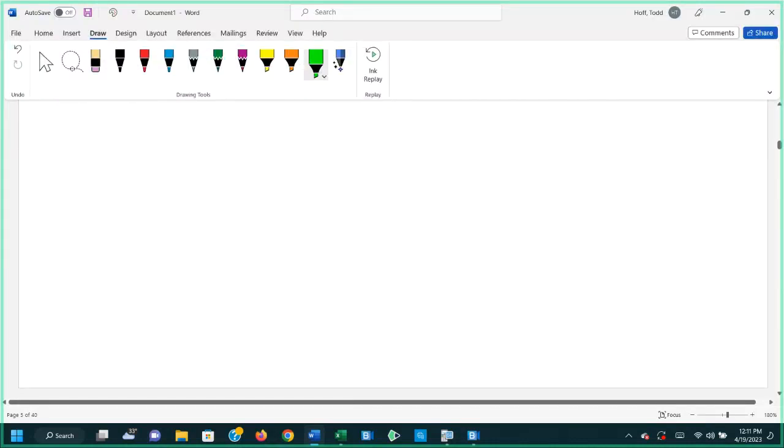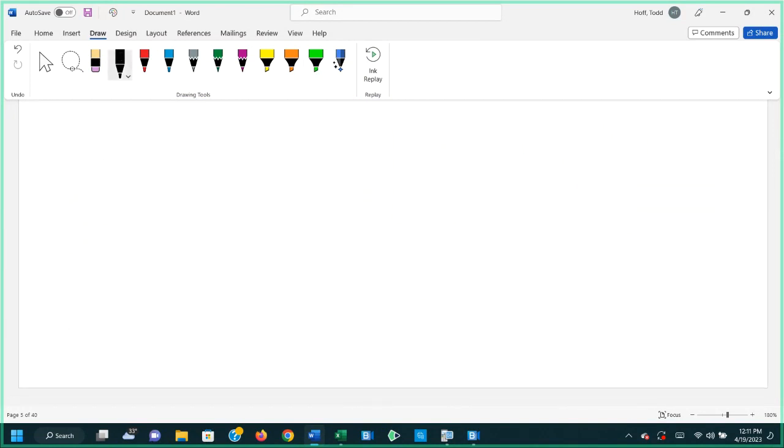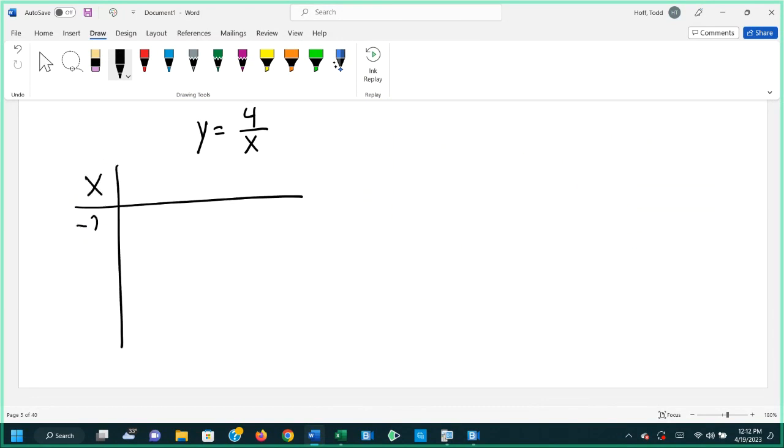Not all of our graphs are going to be nice, simple little shapes like that. We might run into something like y equals 4 over x. So here, if I want to try to graph that, I'm going to pick in some values here for x. I'm going to do negative 2, negative 1, 0, 1, and 2. Let's figure out what y is.